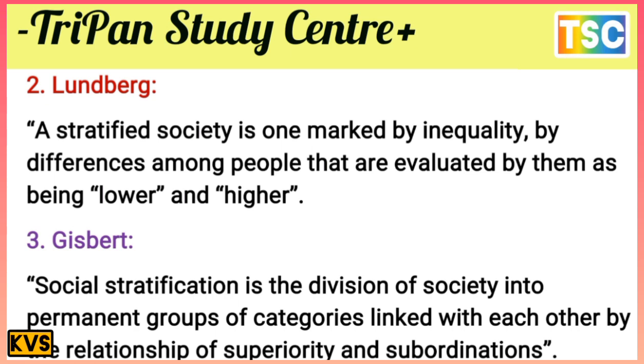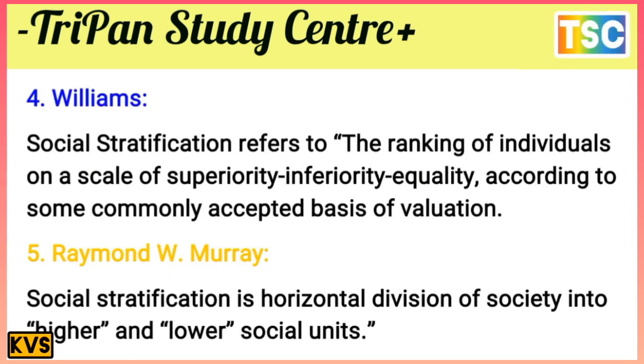Social stratification is a division of society into permanent groups or categories linked with each other by the relationship of superiority and subordination. And the next definition here, Williams, that's important.